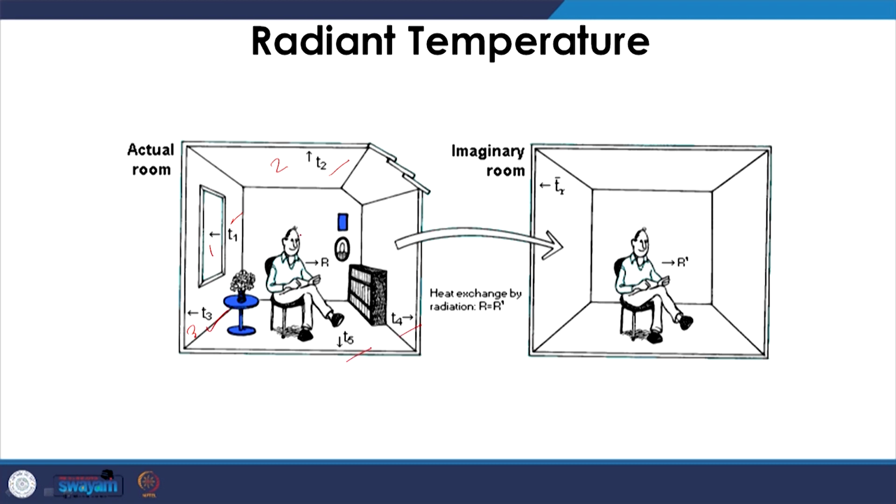What is the experience of this occupant who is receiving radiation from surfaces on all sides? This has to be clubbed together. The experience of this person with so many different surfaces is the same as if all these surfaces were made of one material at one particular temperature. This is the radiant temperature we are talking about.